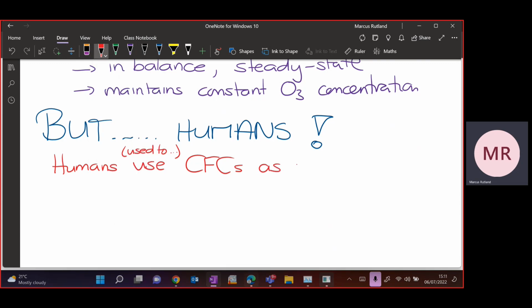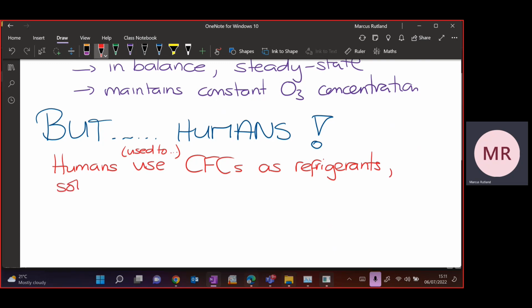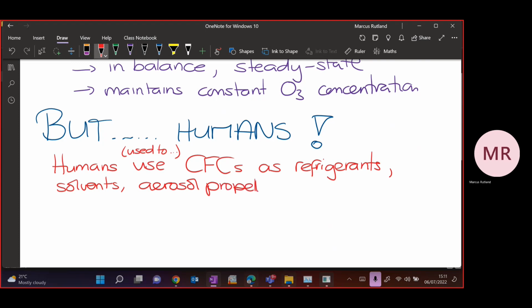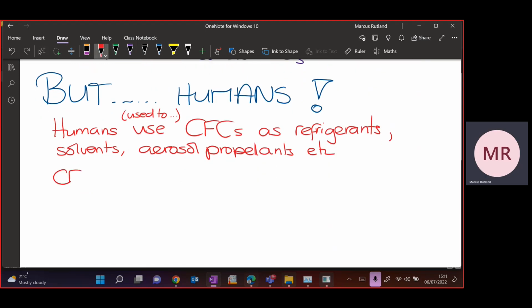What are CFCs? Well, they're used as refrigerants, the substance in a fridge that gets pumped around to cool things down, solvents, aerosol propellants, etc. CFCs are molecules of carbon, fluorine, and chlorine only.